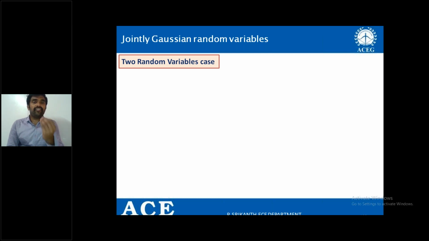That is, the significance of the Gaussian random variable is very high in electronics and communication applications.